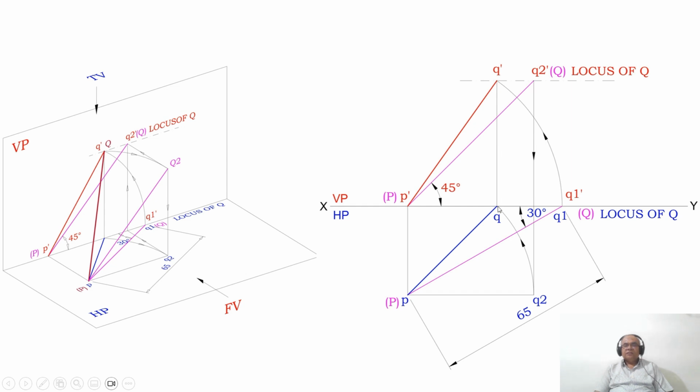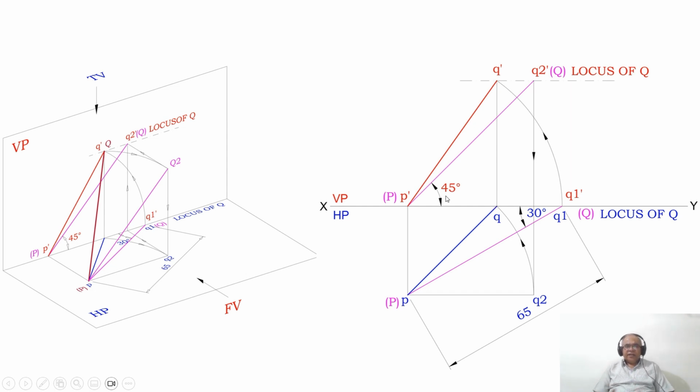Once you cut the XY line, that is going to be the locus of Q according to the given problem. So mark this point as Q, and join P and Q with a dark line. When you join these two, both are going to lie on the same line. Therefore, your problem is right.